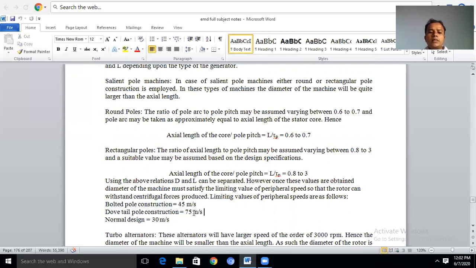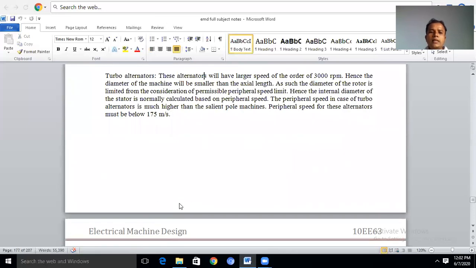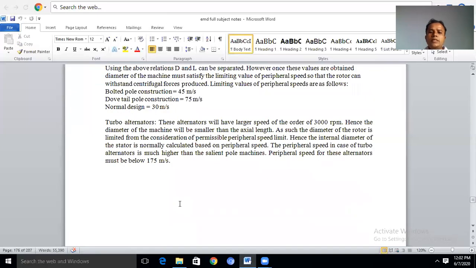Dovetail pole construction, peripheral speed will be 75 meter per second. Normal design it is 30 meter per second. These are the basic considerations. In the turbo alternator, the peripheral speed is 175 meter per second.